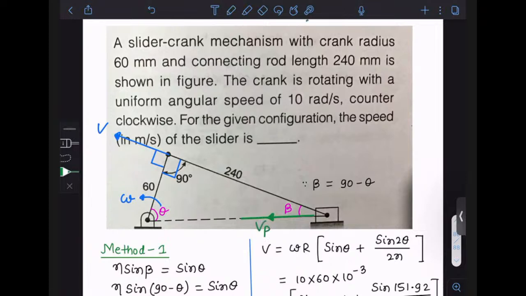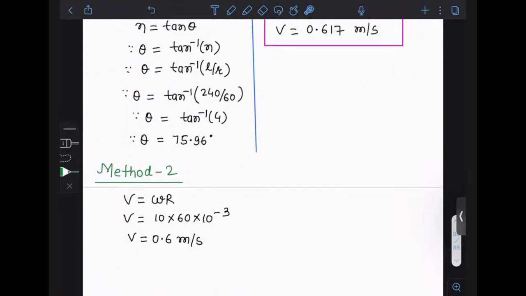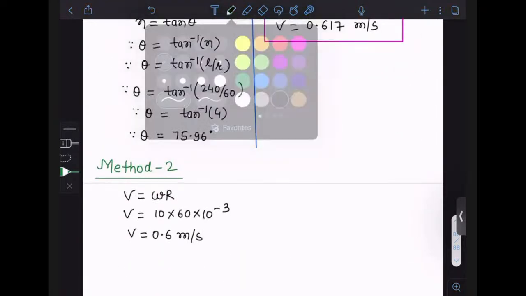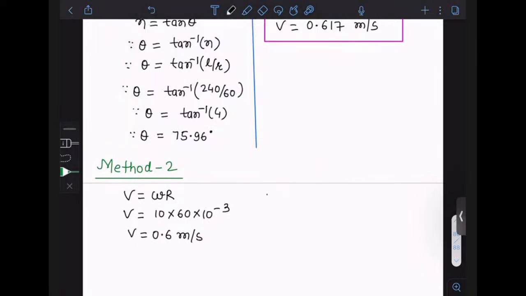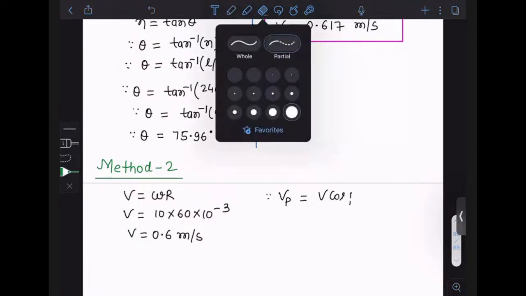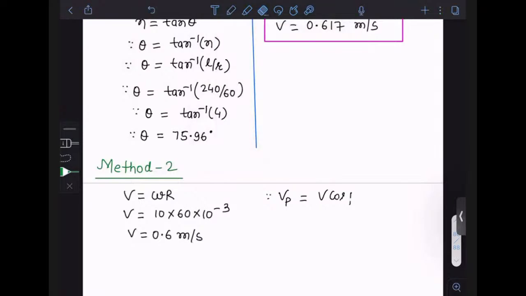So once you break the component in this direction as well as in this direction, this velocity will be along the piston direction. Here in this direction is the V, so V cos beta is equal to the velocity of the piston.